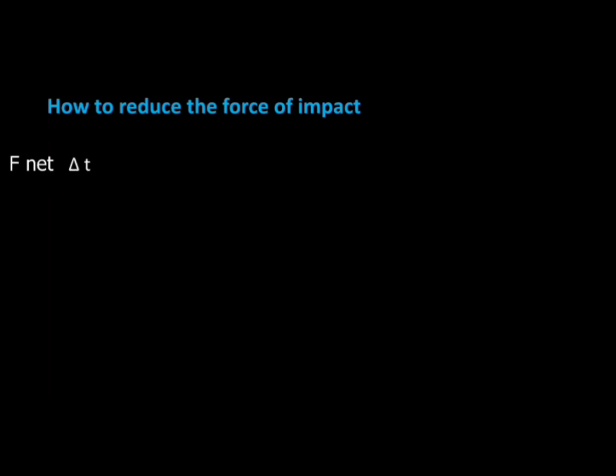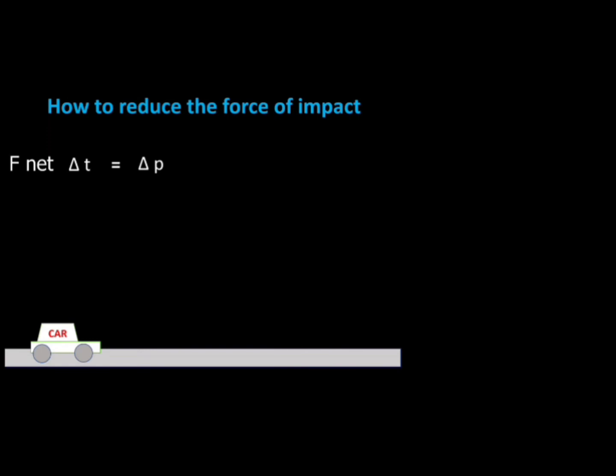F net times delta t is equal to delta p. Suppose we have a car with an initial momentum of 12,000 kilograms meters per second that is brought to stop by a barrier, and its final momentum is now 0.